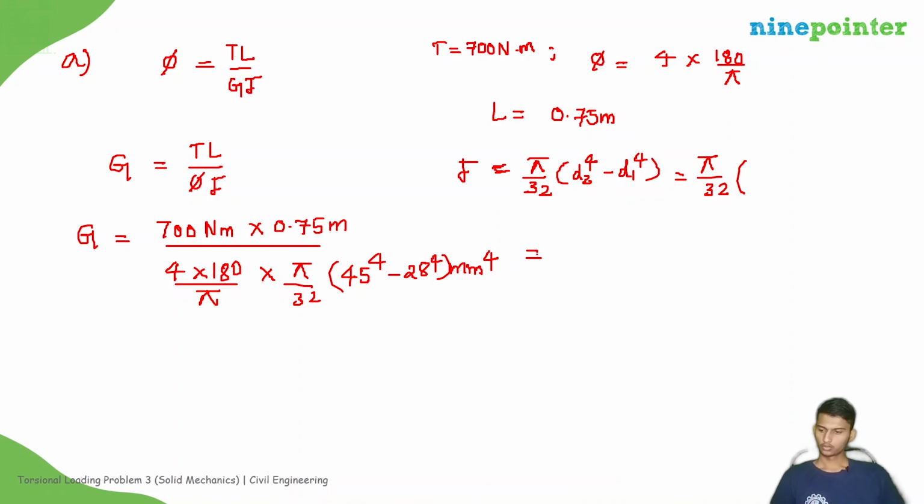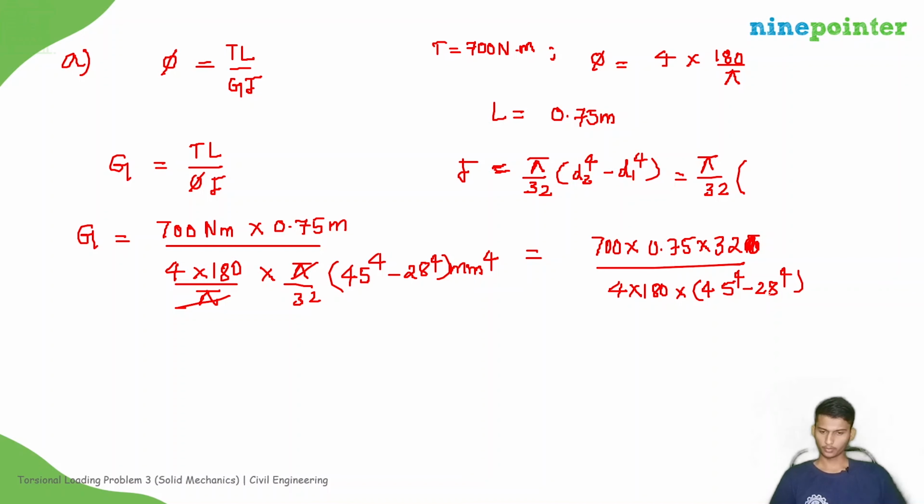Okay, so we get 700 times 0.75 times 32 pi divided by 32. Yes, this pi gets cancelled. So 32 divided by 4 times 180 times 45 power 4 minus 28 power 4, in Newton meter square divided by mm power 4.